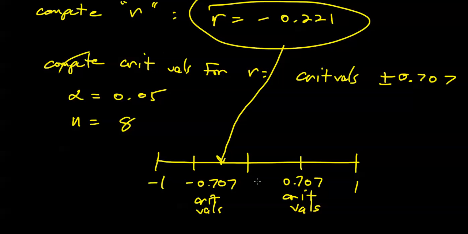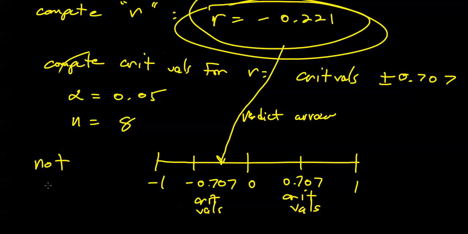Well, probably a good idea to put 0 somewhere in the middle here to establish a kind of a milestone. In any case, this is not in my critical region. I'm going to label this a verdict arrow for my r value from sample data. So this value for r is not in either of my critical regions.